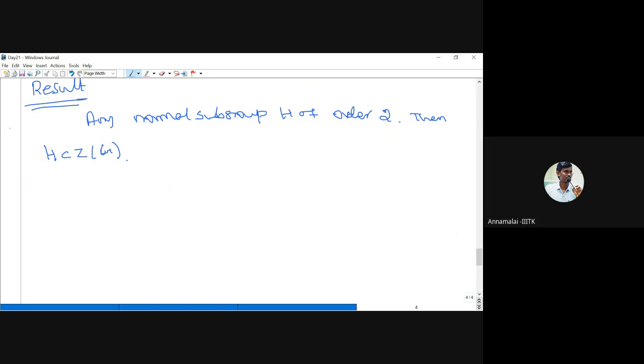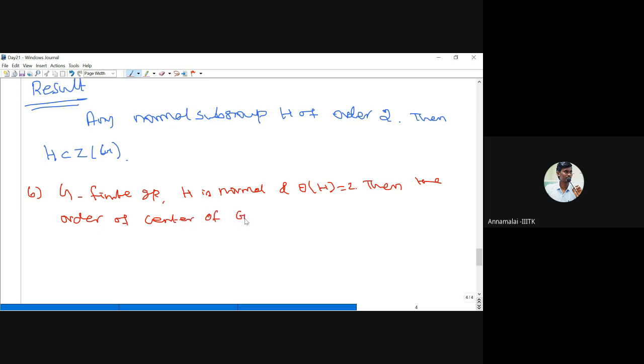Now the question is, maybe the 6th question. Again, it is given that G is a finite group, and H is a normal subgroup, and the order of H is 2. Then the question is: the order of the center of G is?